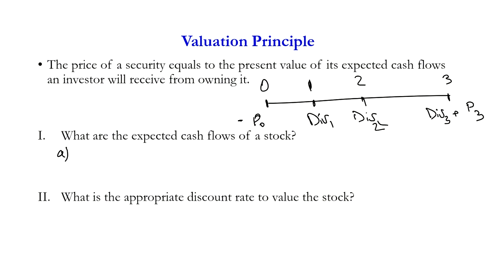First, dividend payments, and second, if we are planning to sell the stock at a future date, we are going to receive some cash by selling it. So I'm going to write proceeds from selling the stock.